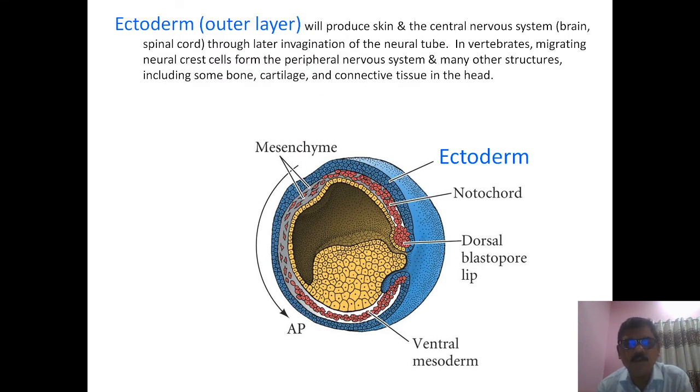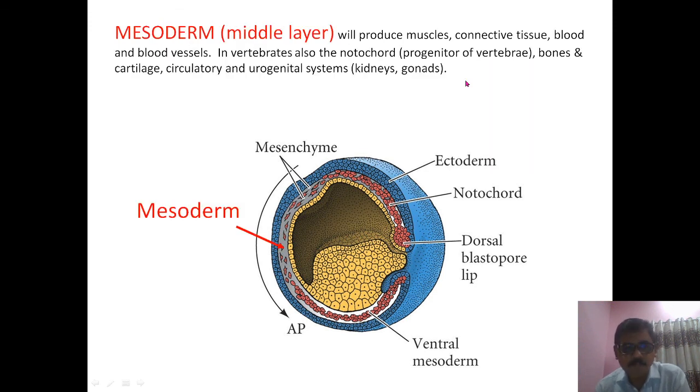So this is the ectoderm. This ectoderm is going to form the skin and the central nervous system: brain, spinal cord, neural tube, then bone, cartilage, and connective tissues in the head. Then the middle layer, the mesodermal layer, is going to form the blood vessels, notochord, bones, cartilage, circulatory system, and the urinogenital system.